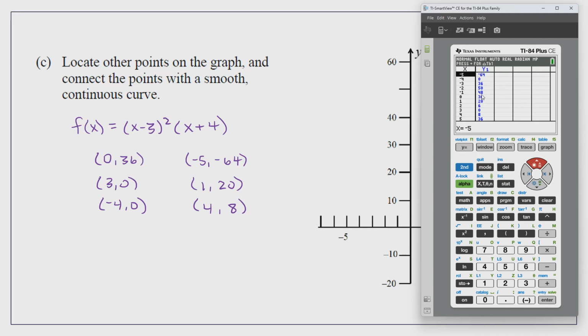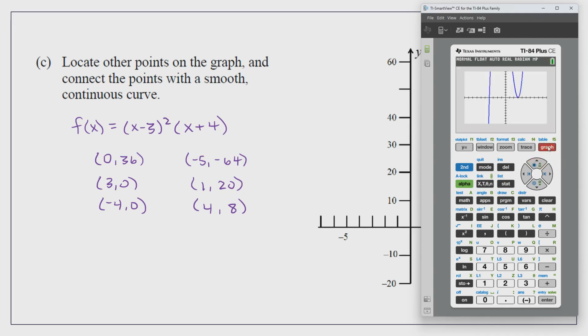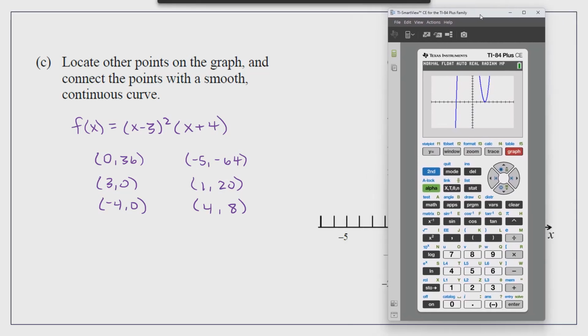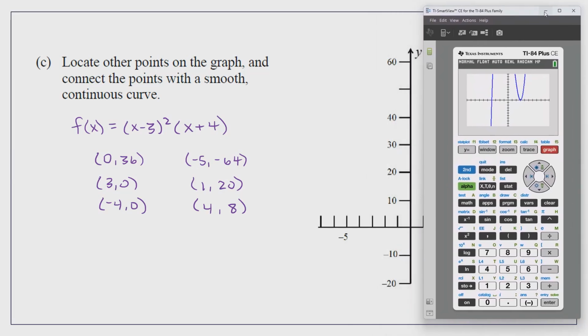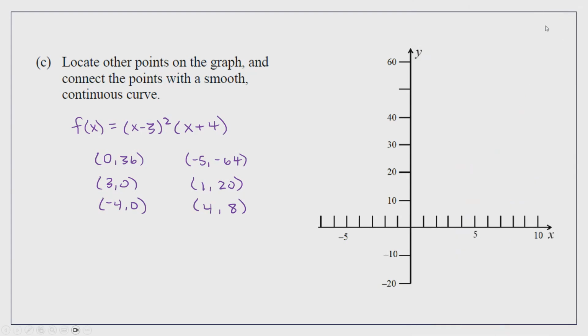And when I do, I want my graph to look something like this. Obviously, it doesn't show everything, but we can match it to our graph to make sure that it matches, which we will do shortly.